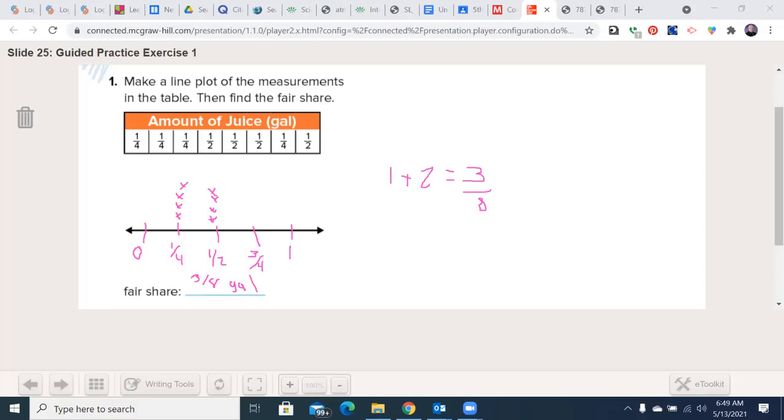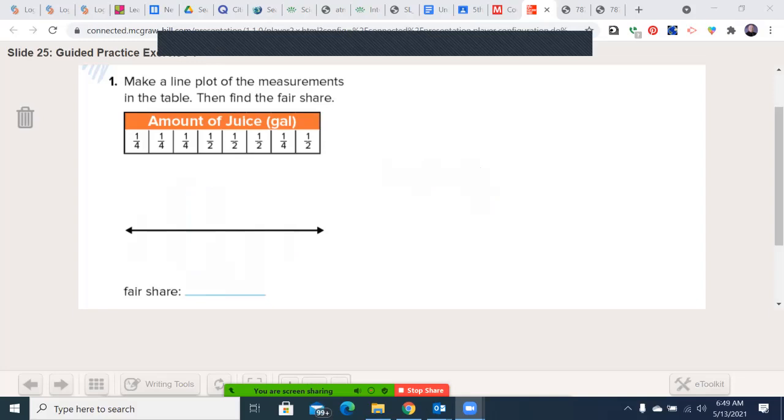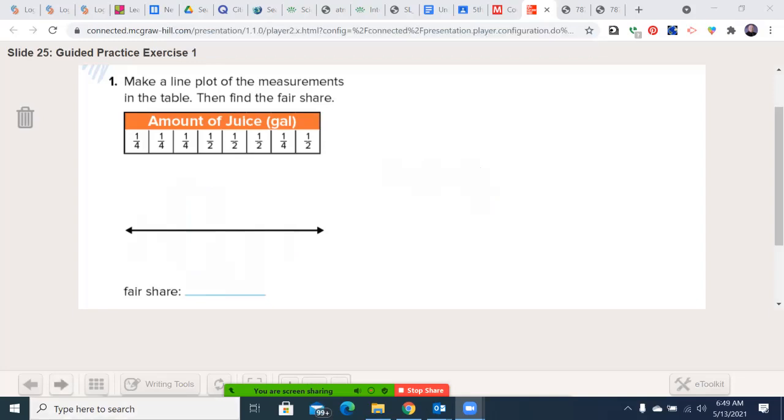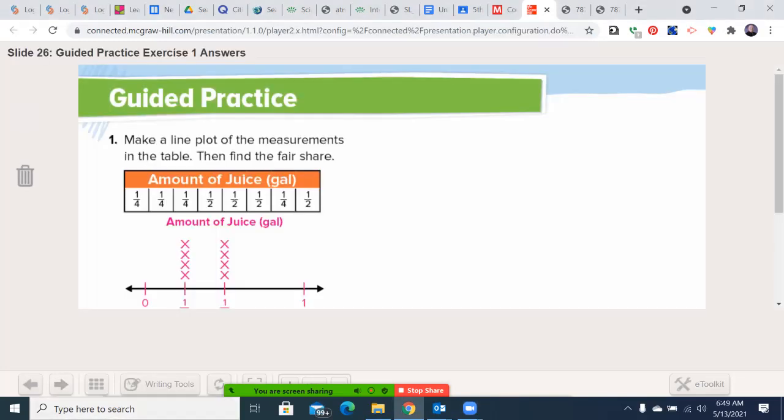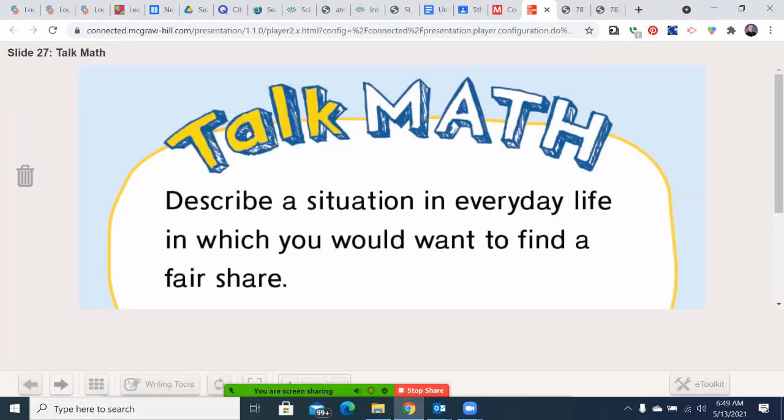Let's move forward. I'm going to clear the screen. Let's see, we did good.